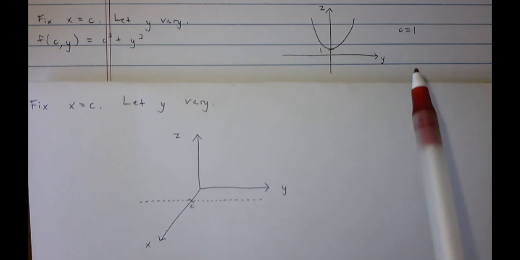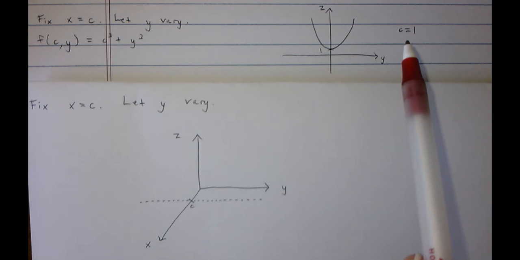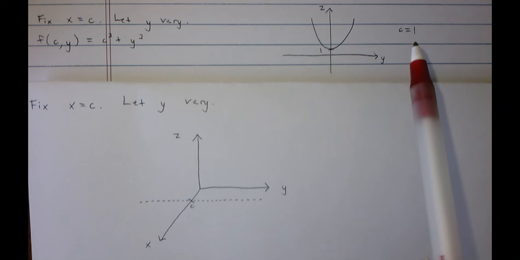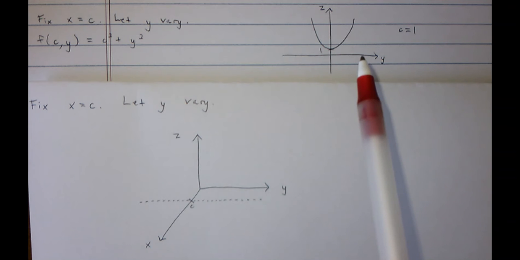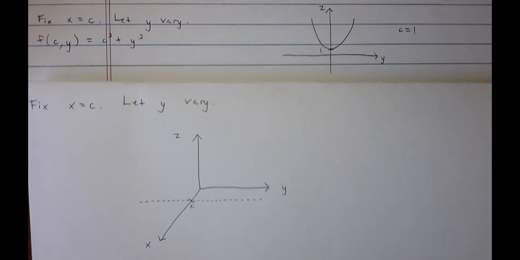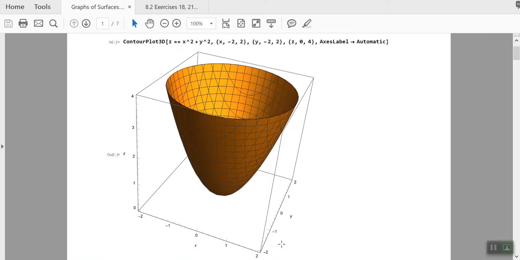This time I chose c equals 1, so we'd be plotting 1 plus y squared, which would look like this, and it's in the yz plane. If we go back to the graph of the surface, I think you can see that if you were to slice vertically, either parallel to the x-axis or the y-axis, you do end up getting a parabola.